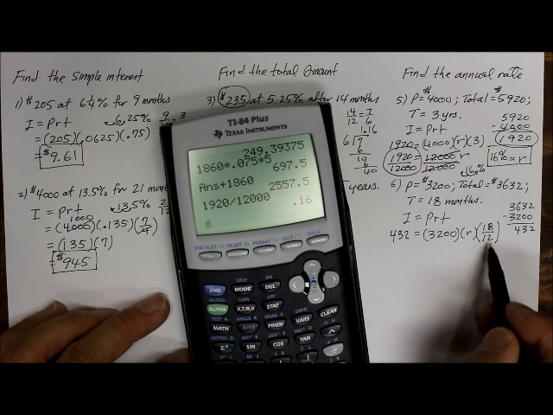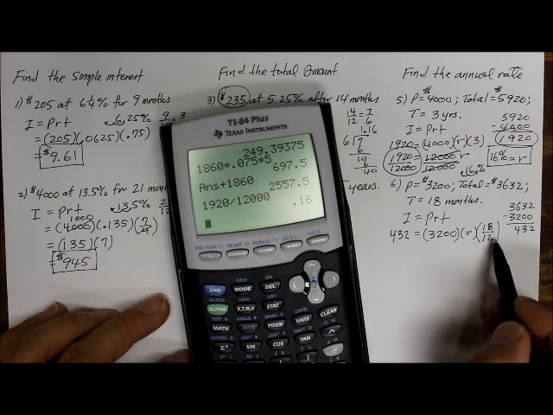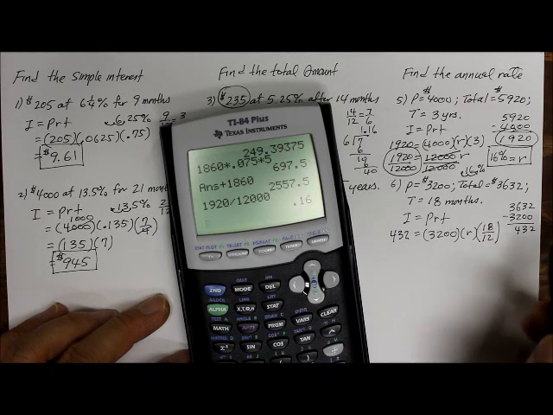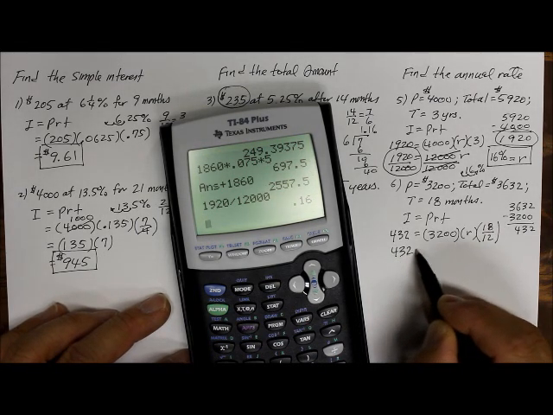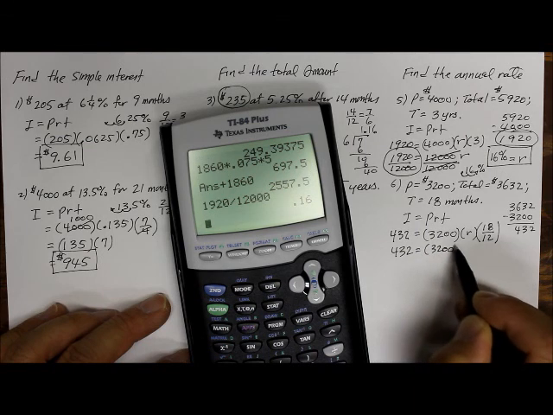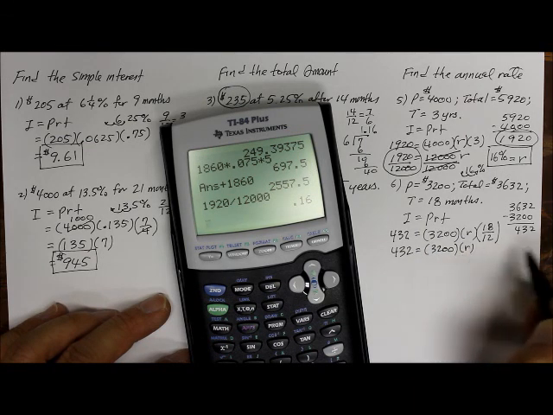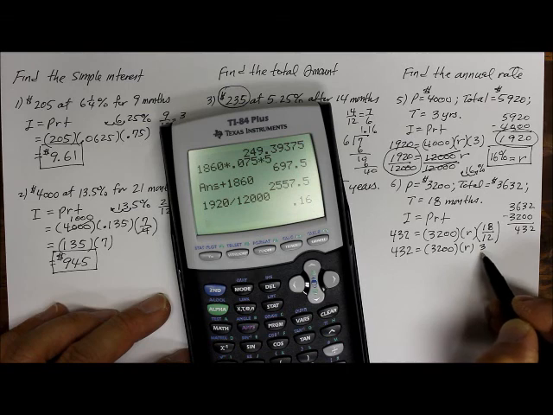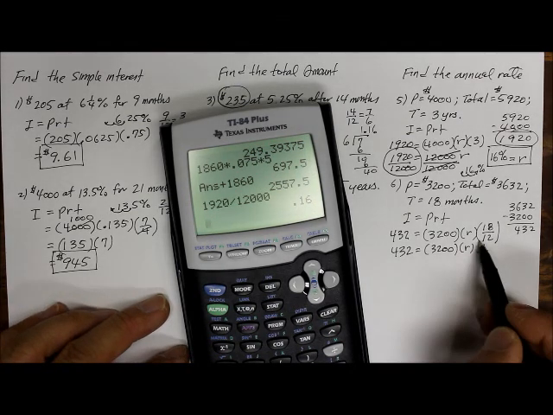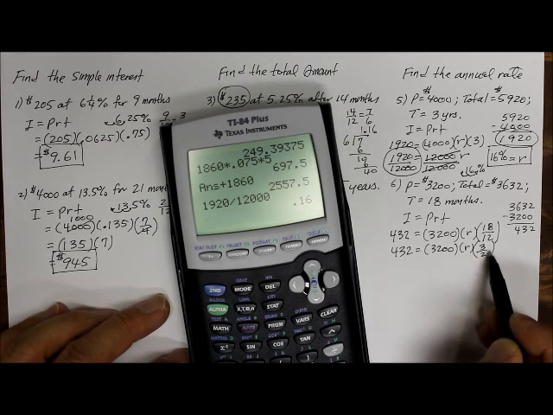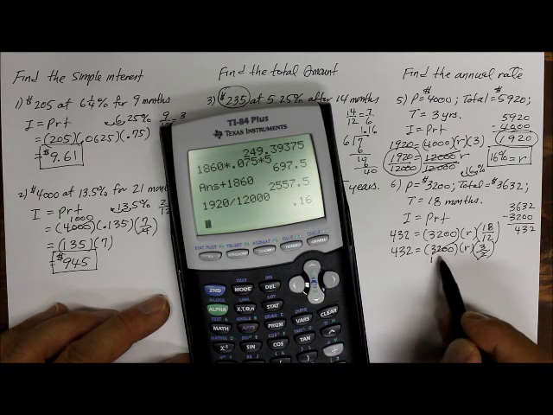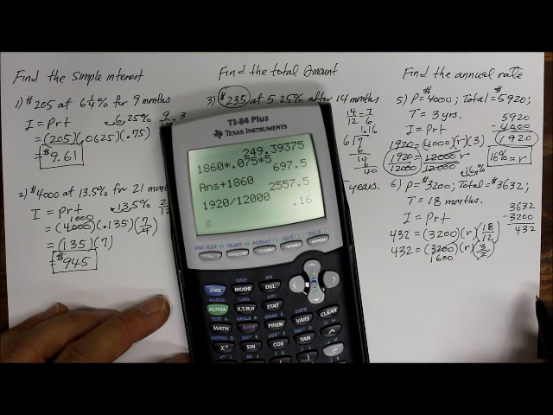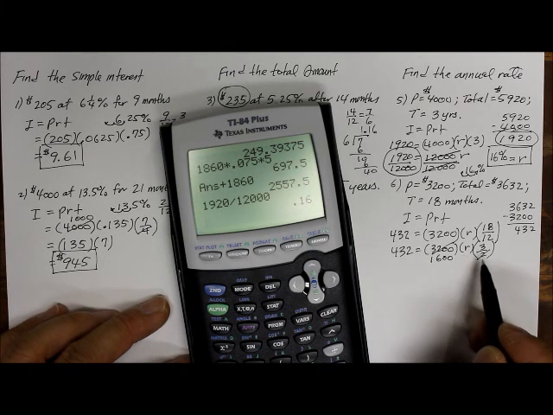Now, let's solve this. But first, let's go ahead and reduce 18 over 12. They're divisible by 6. And so 18 over 12 actually is, let me rewrite this so there's no confusion, 3 over 2. And I could simplify the 2 into 3200 by 1600. And I could do this in my head.